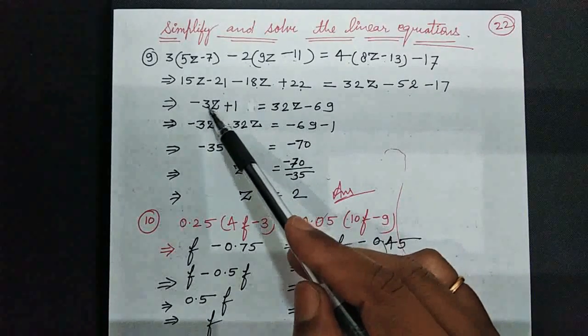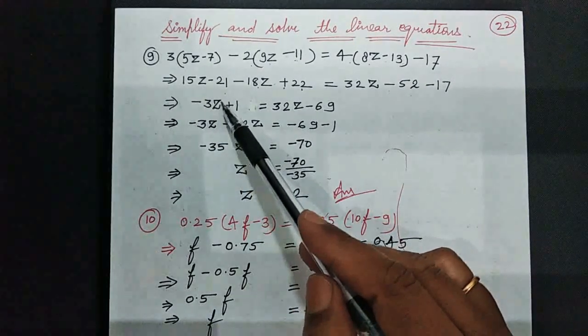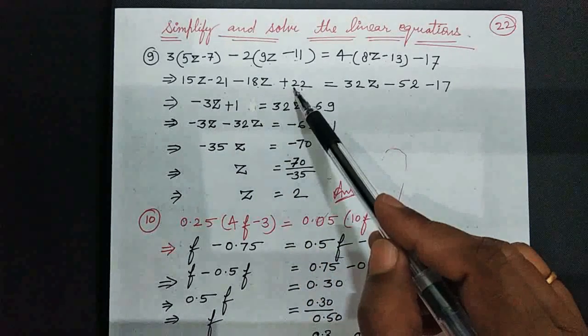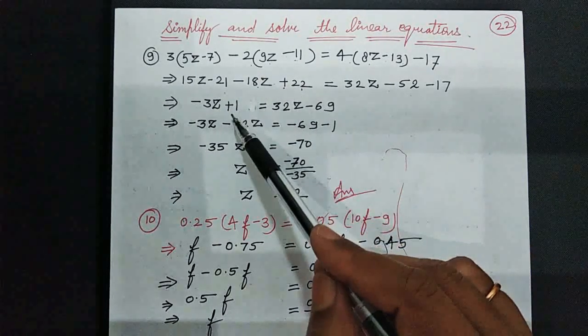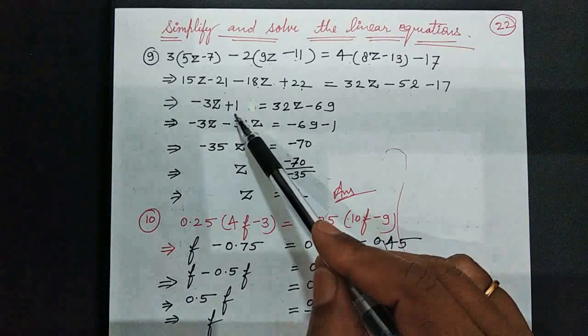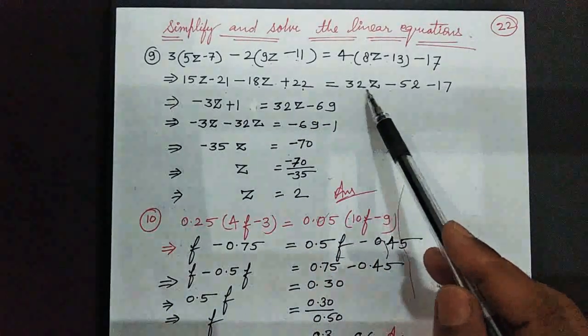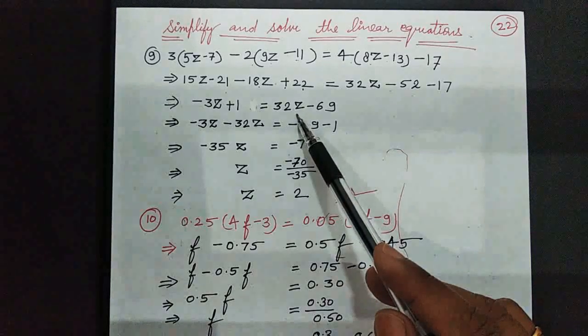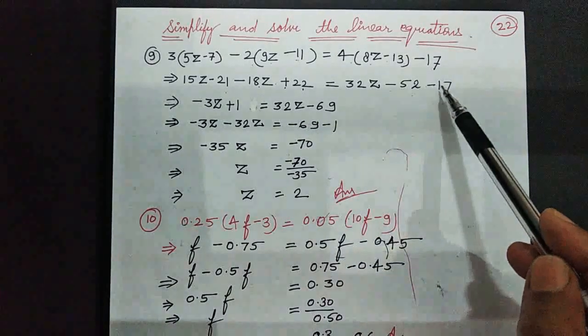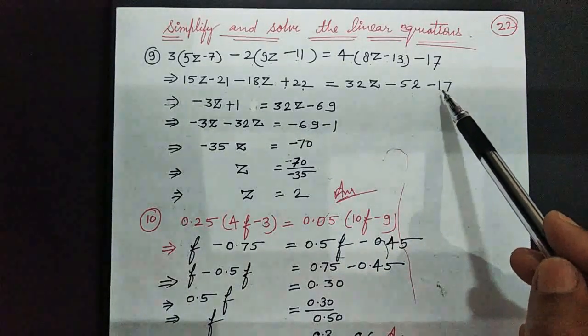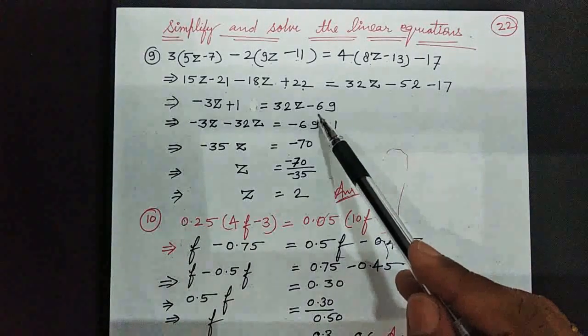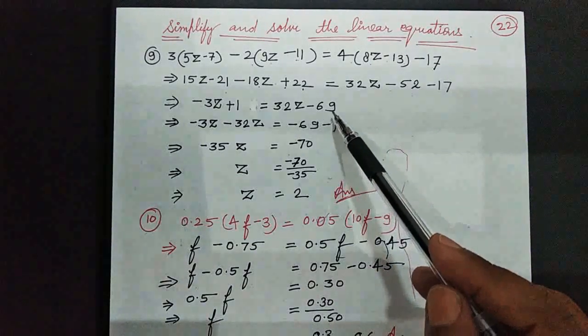We get minus 3z. And minus 21 plus 22, what gives? Plus 1. And now see the right hand side. Here 32z as it is we will write, and minus 52 and minus 17. If we add, then we get minus 69.